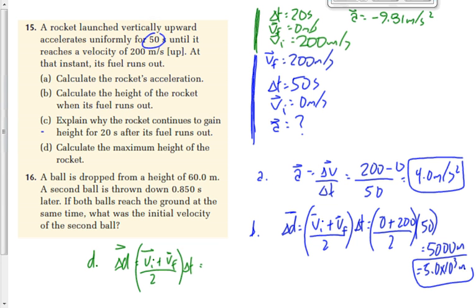This is just during the gravity phase of it. VI is 200. VF is 0 because it stops at the top. During the gravity phase, the time is 20 seconds. So my answer is what, 2,000 meters?